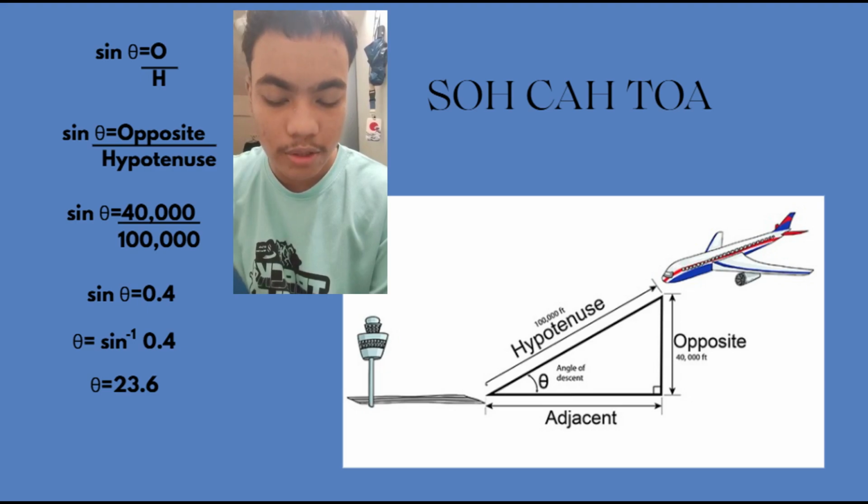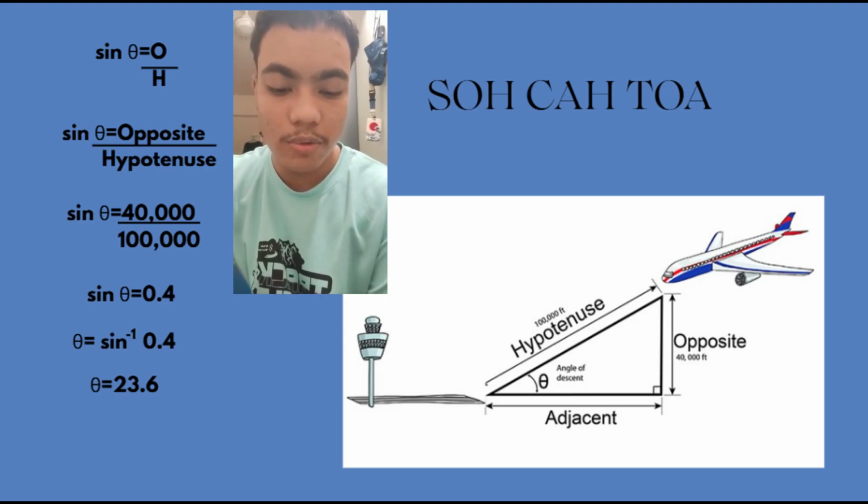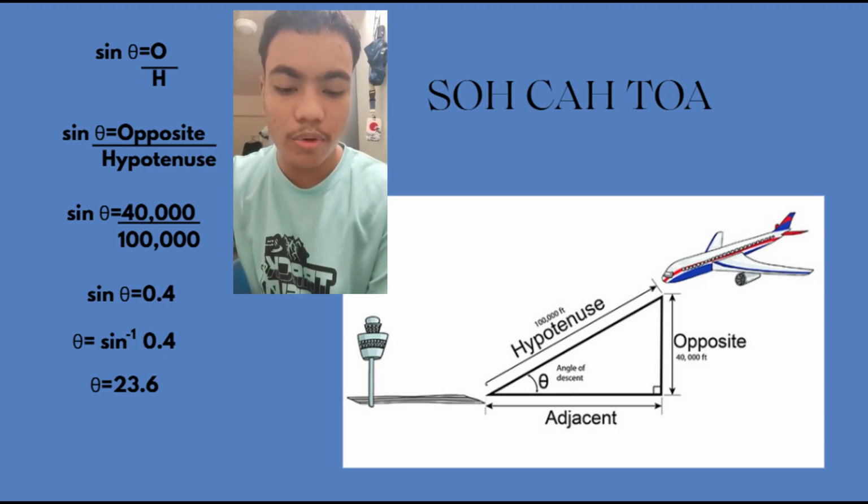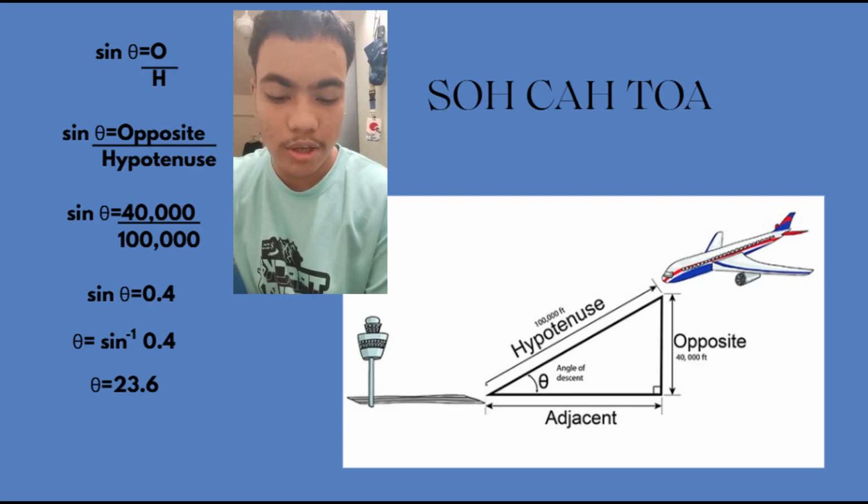Substituting the values gives sine theta equal 40,000 feet over 100,000 feet equal to 0.4. To determine the angle, we use the inverse sine function. Theta equals inverse sine in bracket 0.4, which calculates the angle formed between the ground and the plane's descent path.